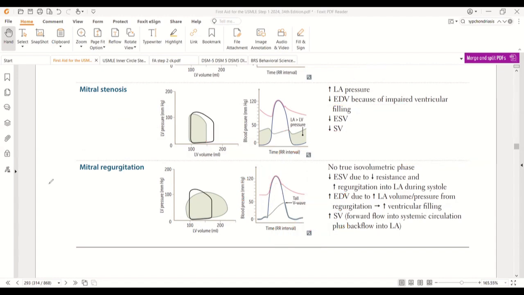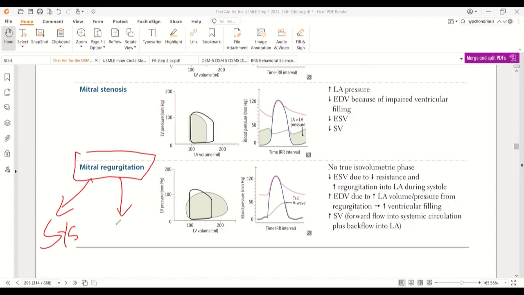So next is mitral regurgitation. As we know some principle, is mitral regurgitation a systolic murmur or diastolic murmur? Systolic or diastolic? Mitral regurgitation is a systolic murmur. It's a regurgitant lesion. What happened to the stroke volume?